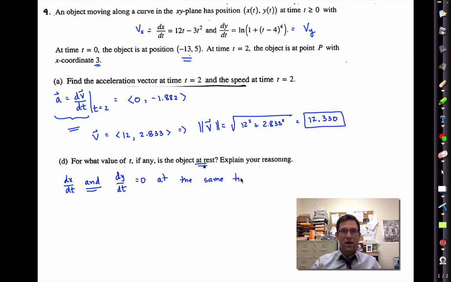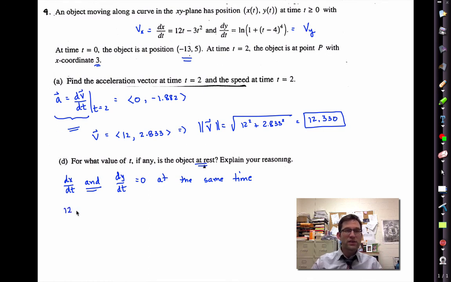So we could easily have a particle that stops in the x direction, but not in the y direction. Oh, hey, look, it's going vertically, but not horizontally. Or something that has stopped in the y direction, but not in the x direction, pure horizontal motion. But if the object's at rest, it's not moving, and if it's not moving, the x-coordinate can't be changing over time, and the y-coordinate can't be changing over time.